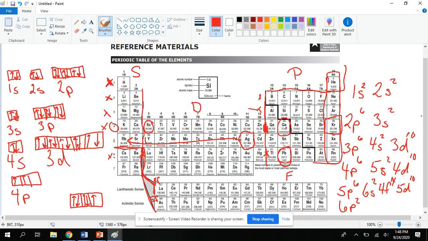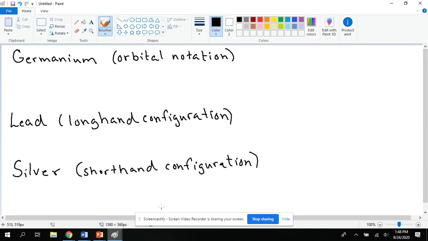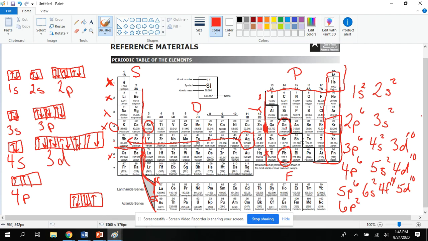And this is how you would write that. I would put krypton's symbol in brackets. And then what that lets me do is I get to just start right here after krypton. So I get to start my configuration right here with 5s, so it'd be 5s2.